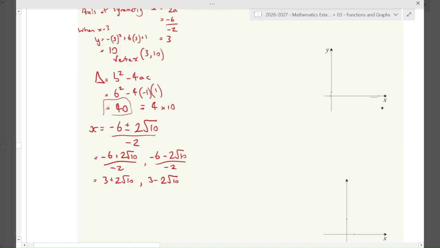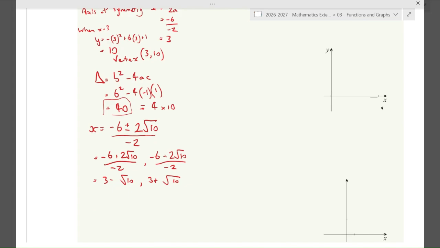Oh, no, not 2 root 10 because I should have divided by 2 as well. I was dividing everything by 2. Then you could chuck that into a calculator to get decimal representation of it, and you'd be fine.